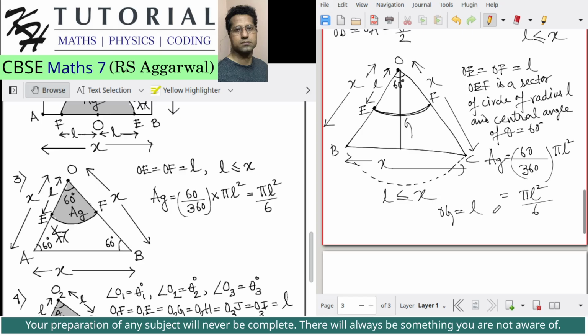So I'm just wondering what could be the maximum value of L such that this entire sector will lie inside the triangle.